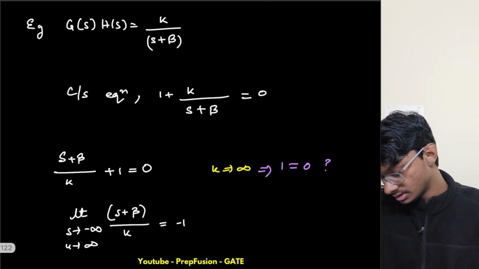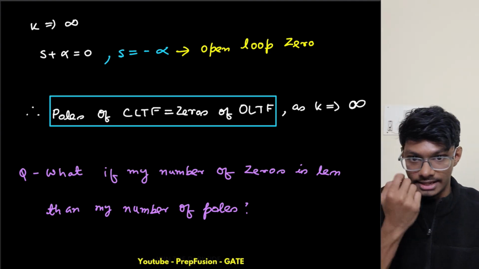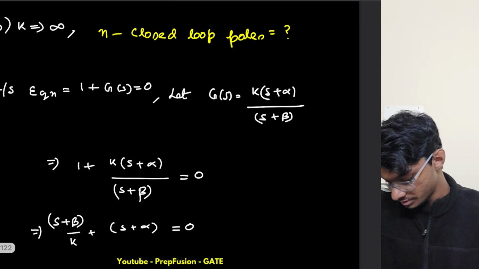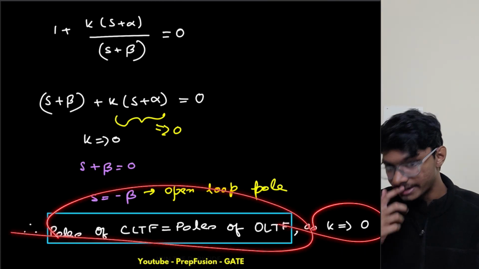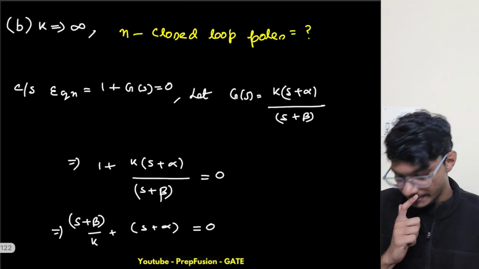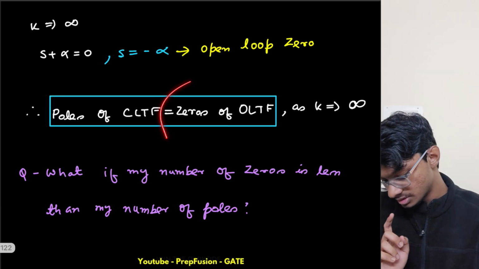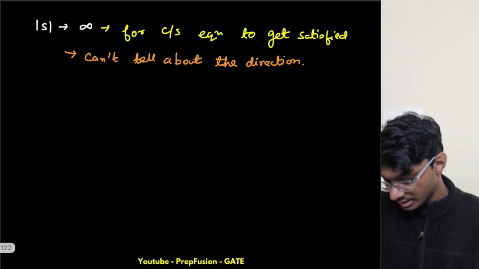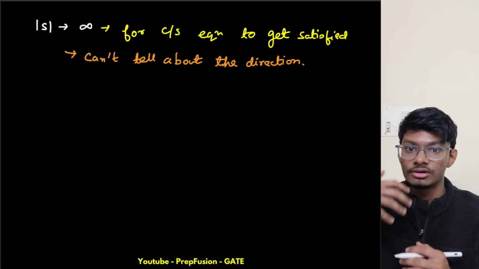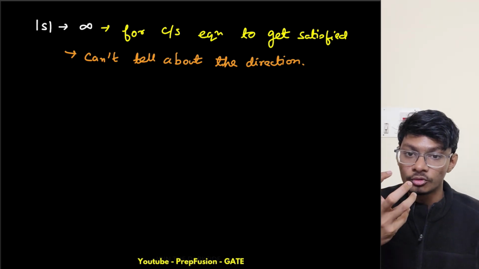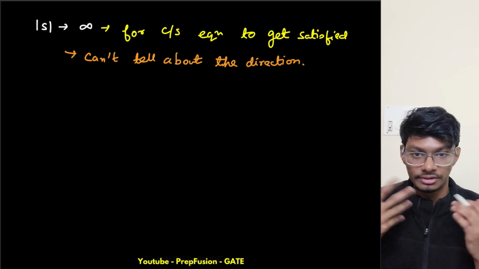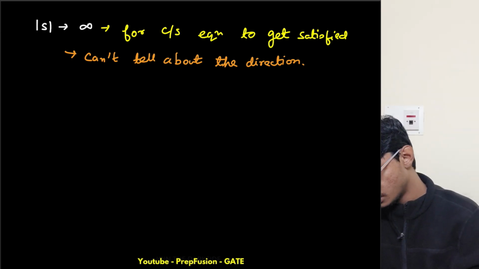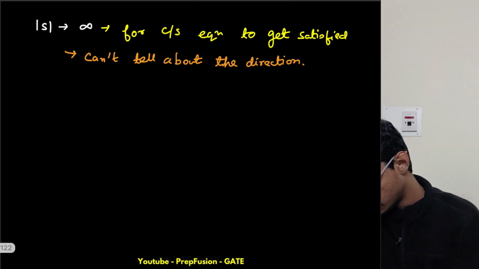Like in this case, the root locus as k tends to 0 starts from the poles, and as k tends to infinity, it ends at 0. But here my s is tending to infinity, so this is also a 0, but not a real 0, because we don't even have a 0 in the OLTF. So this is known as the virtual 0.